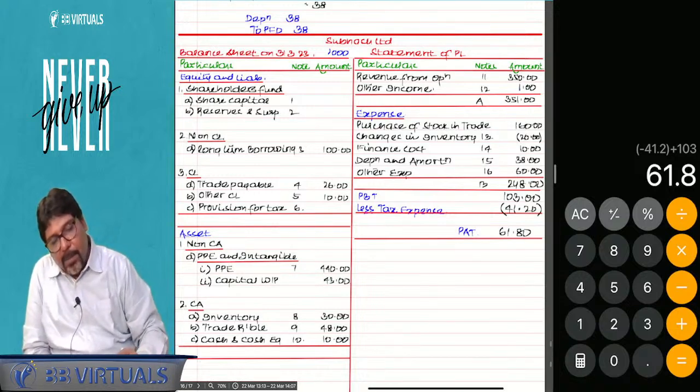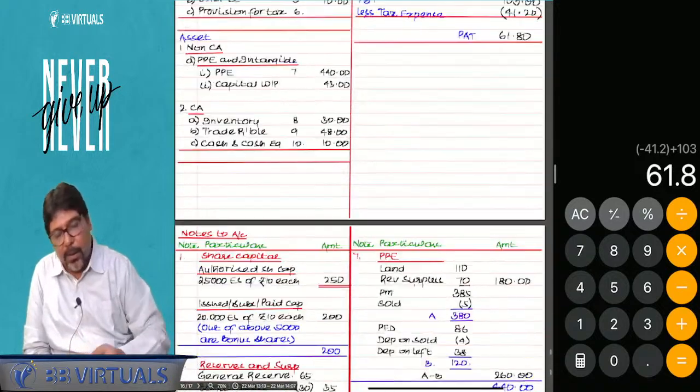This 61.8. Share capital was how much? 200.